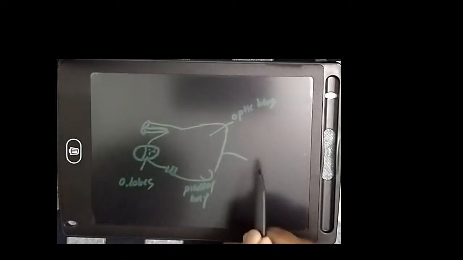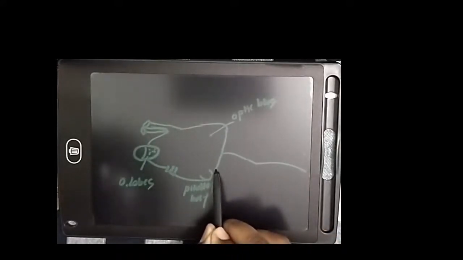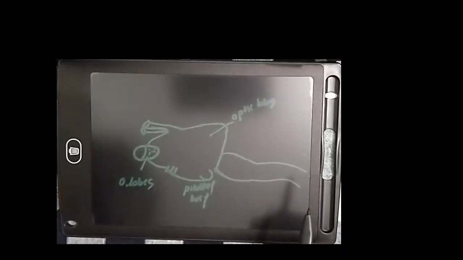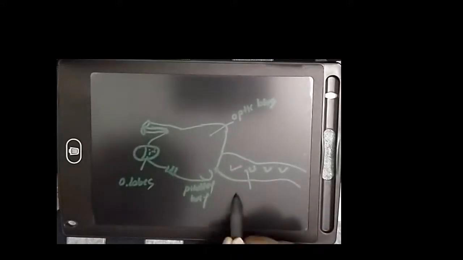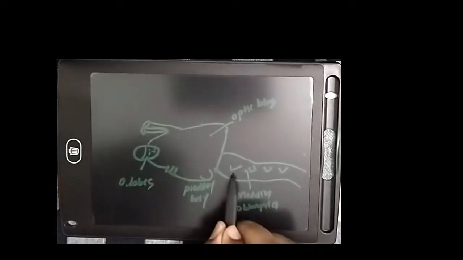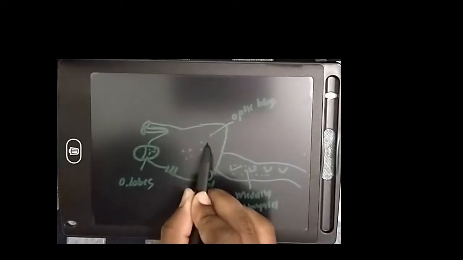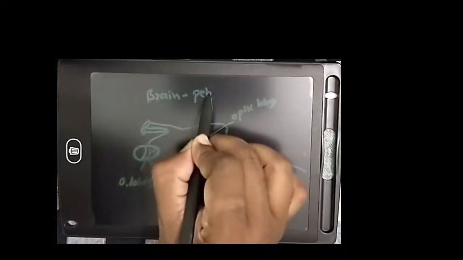And the last region of the brain of Petromyzon comprises two parts. The first part is the medulla oblongata. You can see here, this is the medulla oblongata. This medulla oblongata is very well developed, while the cerebellum is very small. So these are the structural features of the brain of Petromyzon.